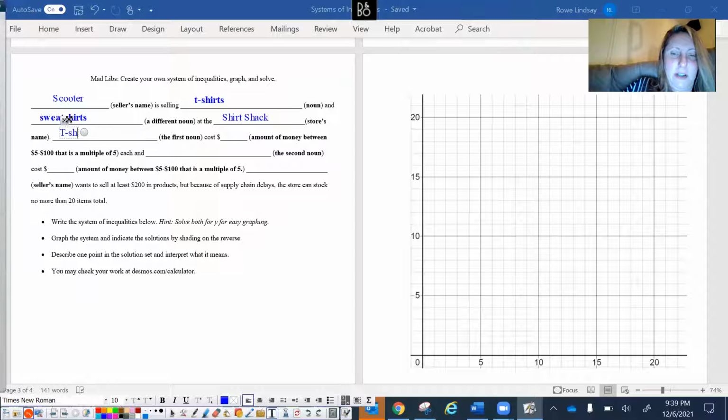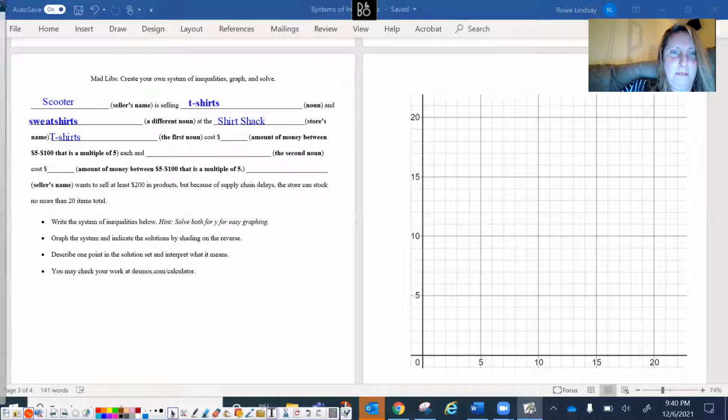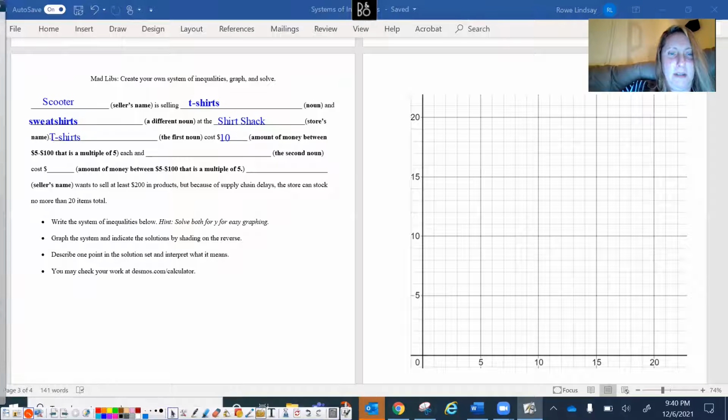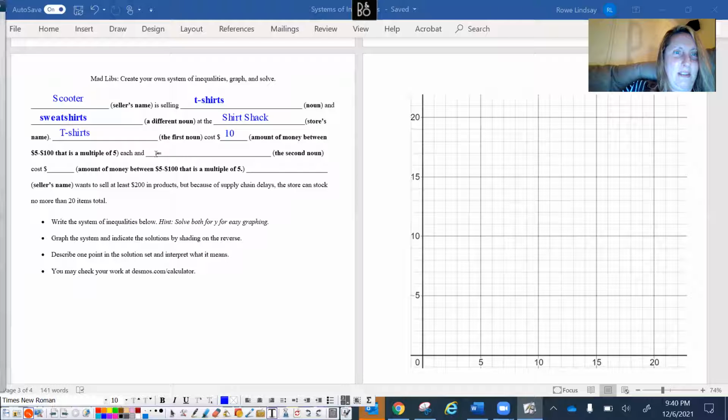Okay, so our t-shirts cost $10, and then we can also have the sweatshirts and have them cost $20. Okay, and it's not a whole lot for a t-shirt, but that's okay. This is fiction. We can make it whatever we want it to be. Okay, and so the sweatshirts are going to cost $20. This is Scooter's discount shirts at Shirt Shack.